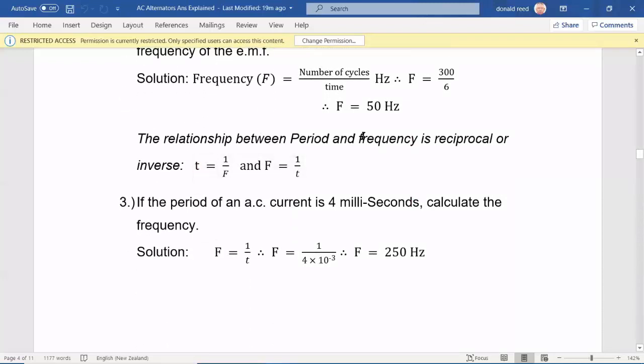The relationship between period and frequency is a reciprocal or inverse. If the period of an AC current is 4 milliseconds, calculate the frequency. So frequency is 1 over T, and so 1 divided by 4 times 10 to the minus 3.